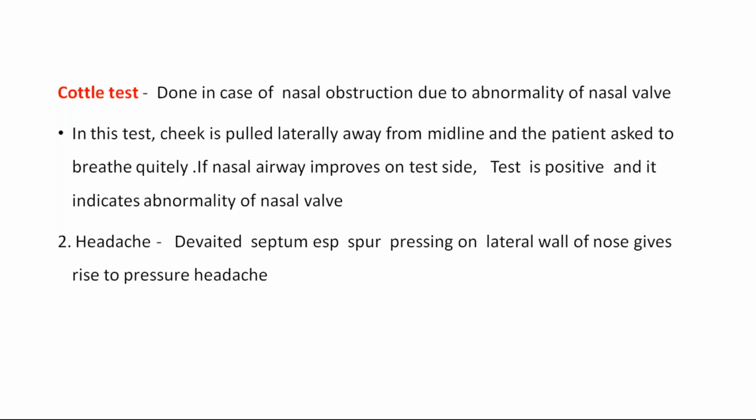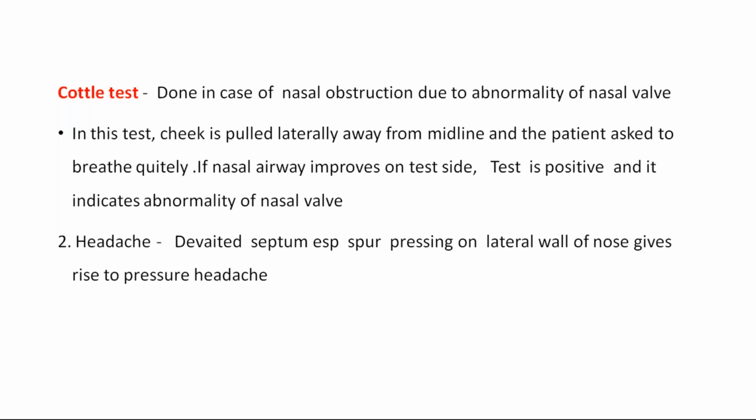And then sinusitis. So if a spur is there between, say, the perpendicular plate of the ethmoid and the septal cartilage, and then that impinges on the middle turbinate and pushes the turbinate still laterally, thereby compromising the middle meatus, that can result in sinusitis, and then sinusitis will also lead to headache.